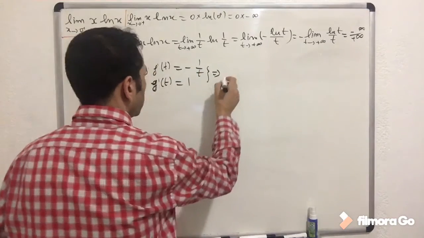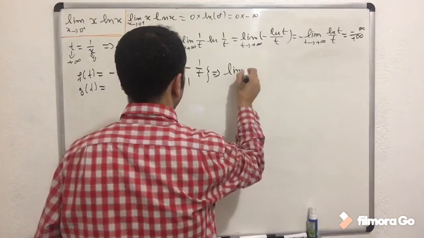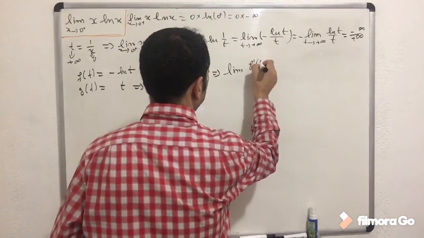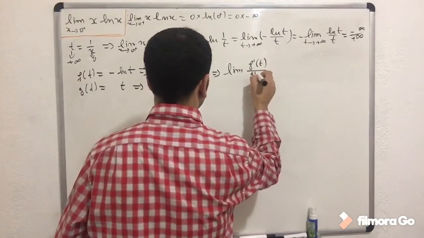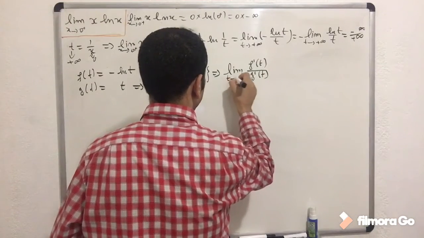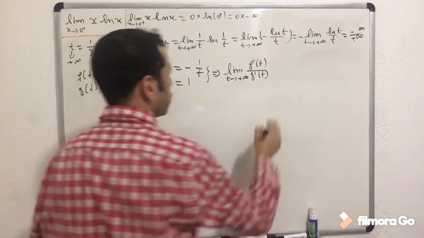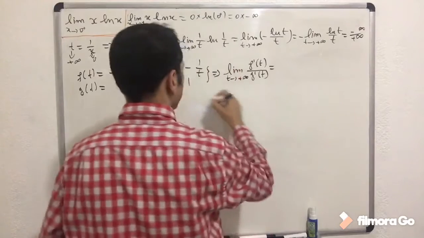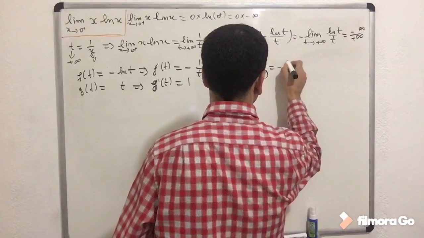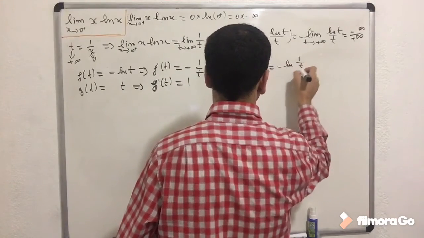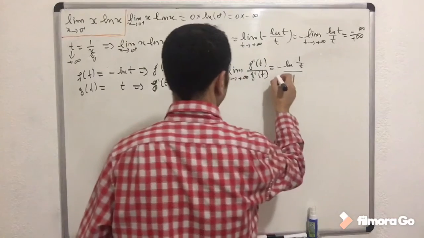Now your limit, f prime of t over g prime of t as t approaches infinity, gives you minus the limit of 1 over t over 1.